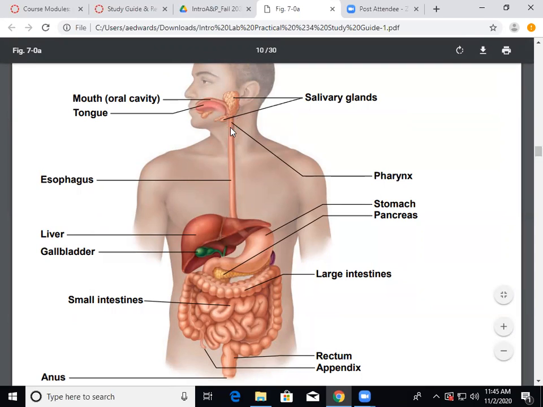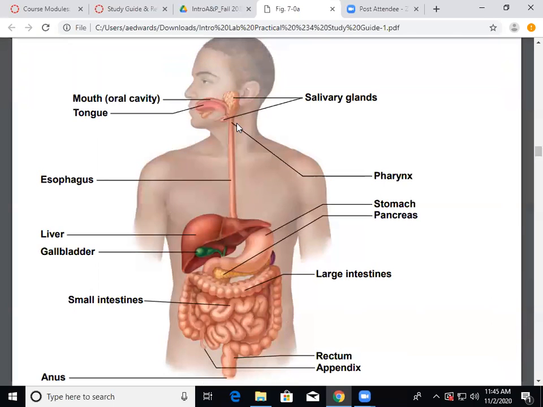And then remember, your air needs to go down into your trachea and your food needs to go into your esophagus. This is your esophagus, and that's taking food down into your stomach. It has this sort of sac structure to it.